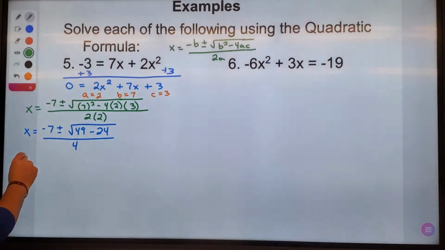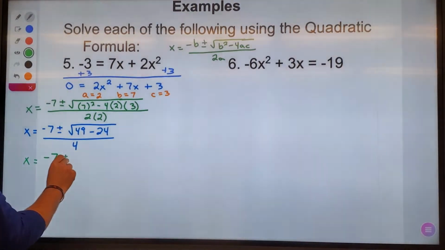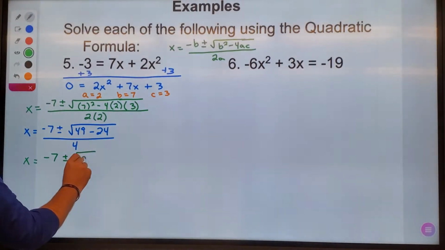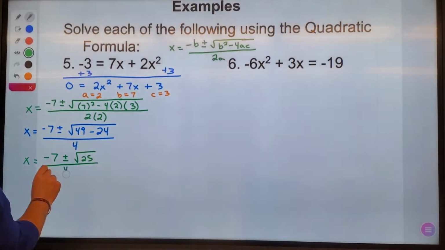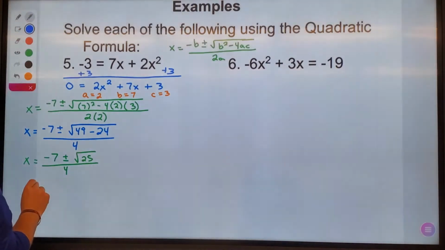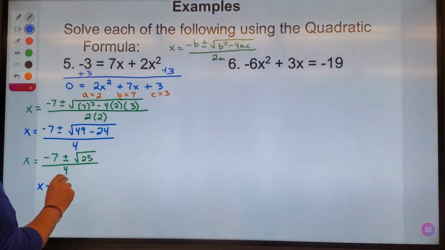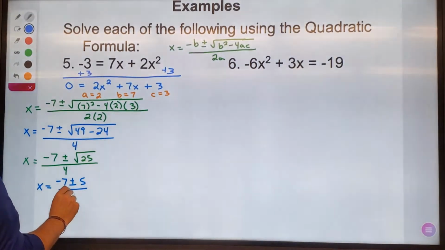X equals negative 7 plus or minus the square root of 25 all over 4. And the square root of 25 is 5. So we have x equals negative 7 plus or minus 5 over 4.